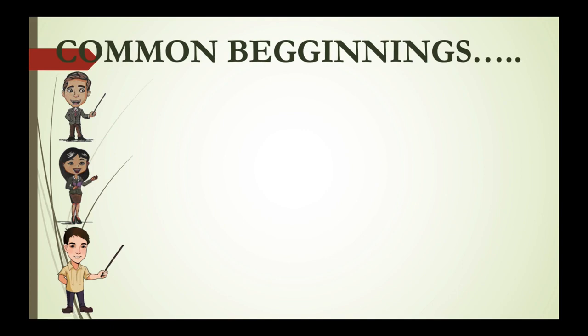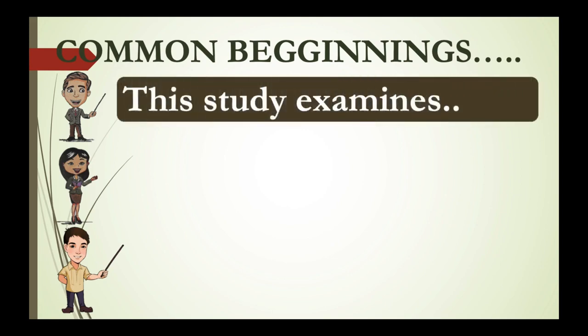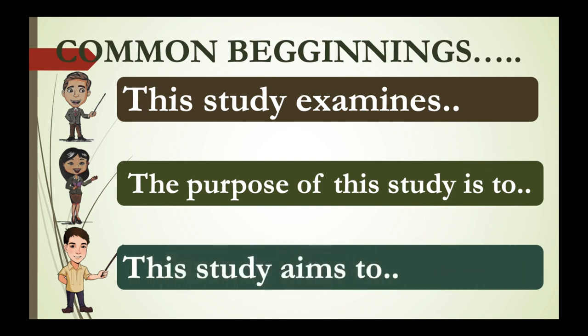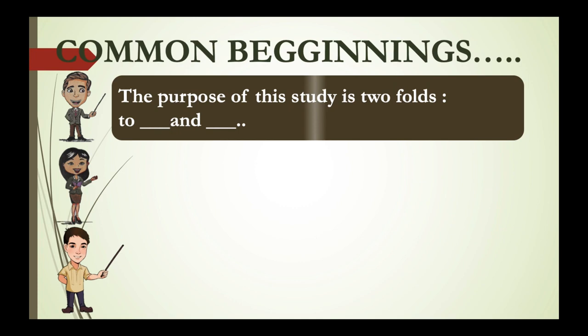As you can see, the common phrases that appear in framing your purpose statement may include: this study examines, the purpose of this study is to, this study aims to. Others also use the phrase, the purpose of this study is twofold, to blank and blank.